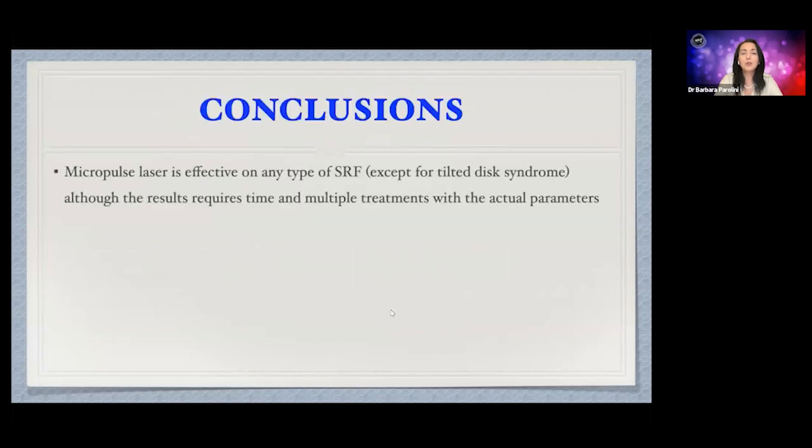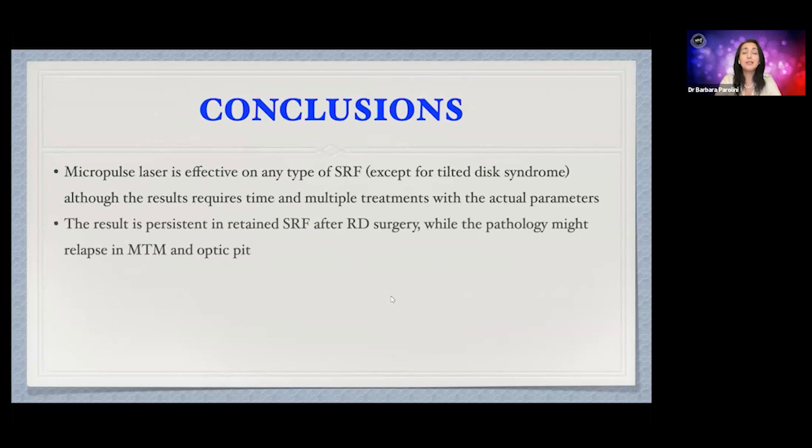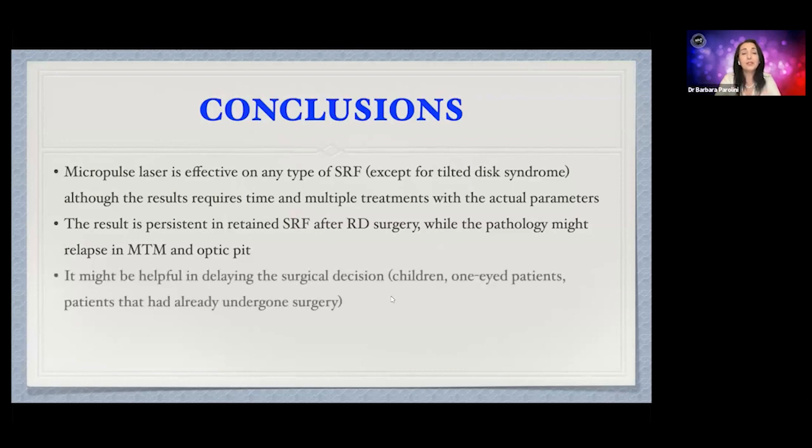So in conclusion, I think that micropulse laser is very effective on any type of subretinal fluid except for tilted disc syndrome. Although the results require time and multiple treatments with the actual parameters, the result is persistent in retained subretinal fluid secondary to retinal detachment surgery, while the pathology might relapse in MTM and optic pit because they are evolving diseases.